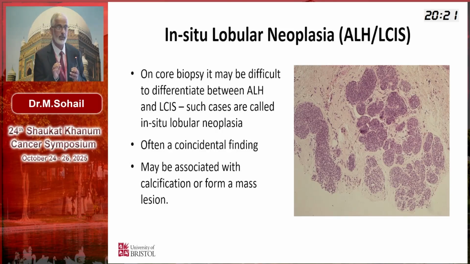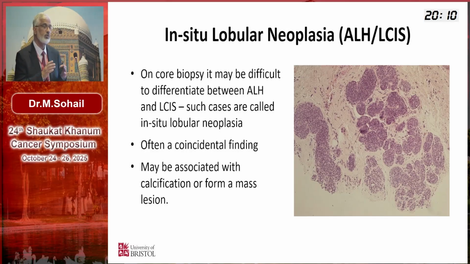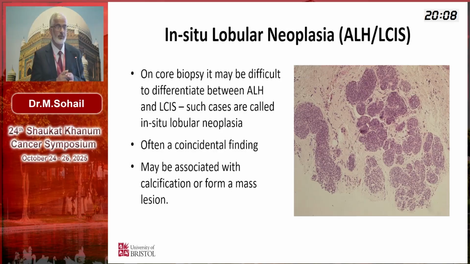If there is more than one lobule, that's fine. And those acini should not only be filled by these lobular epithelial cells, filling the entire lumen and not leaving any space behind, but also be distended. So if this criterion is not met, although this lobular epithelial proliferation is there, filling the lumen and causing the distension, but you are not sure on the core biopsy whether it is involving 50% of the lobule or not, then there is a covering terminology called in situ lobular neoplasia.